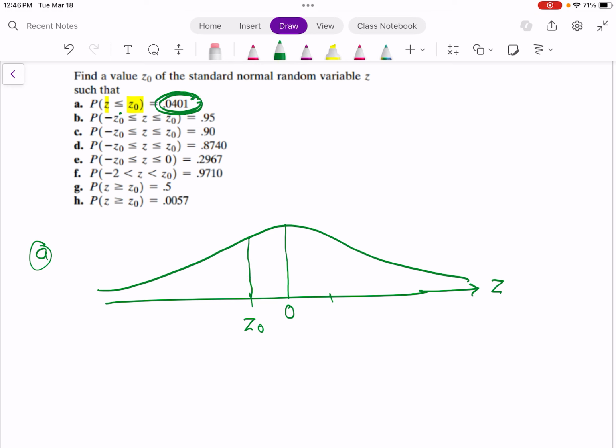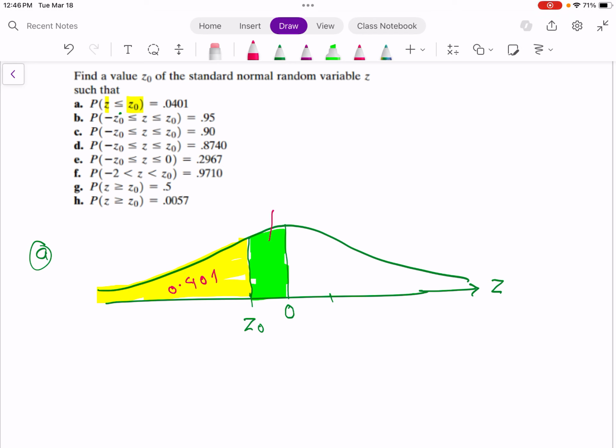This probability is the same as the area on the left of g naught, which is given to us as 0.401. And you can answer this on the graph. What do we know about the remaining area? It will be equal to 0.5 minus 0.401, right?